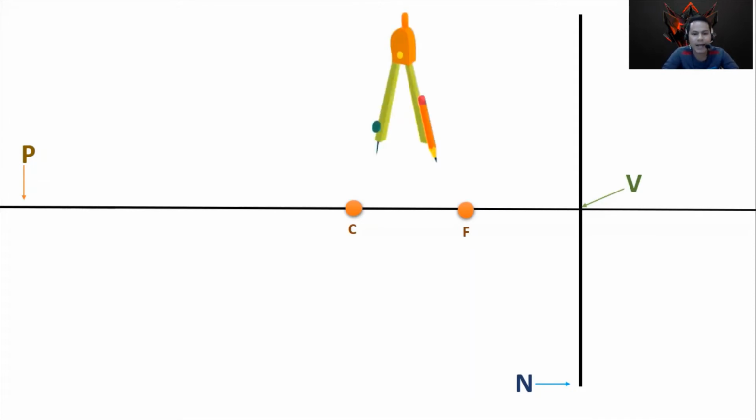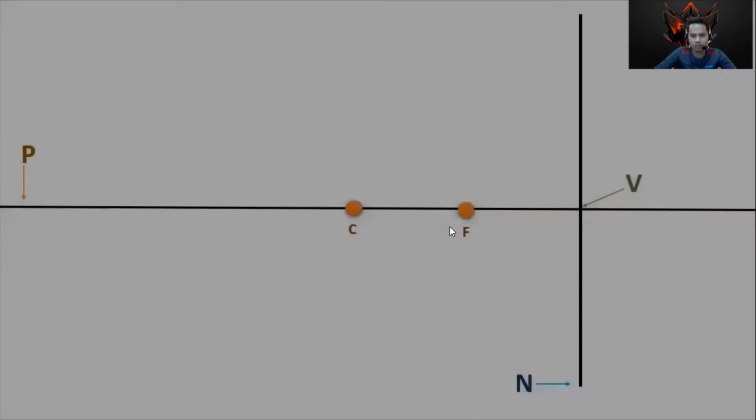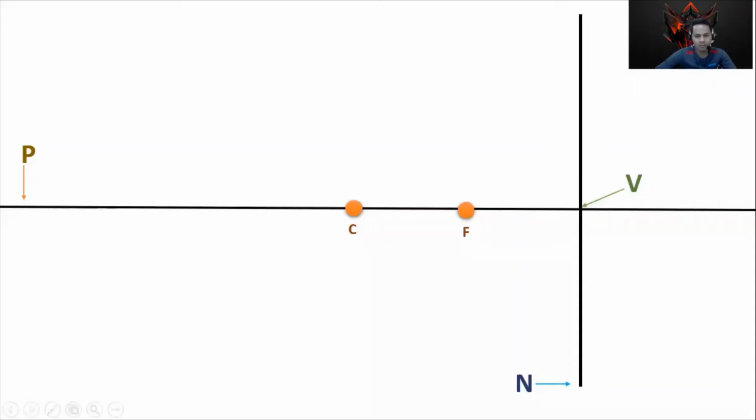This time, you get your compass again. You put the sharp part of the compass on your C and the pencil part on your V. Your output should look like this.